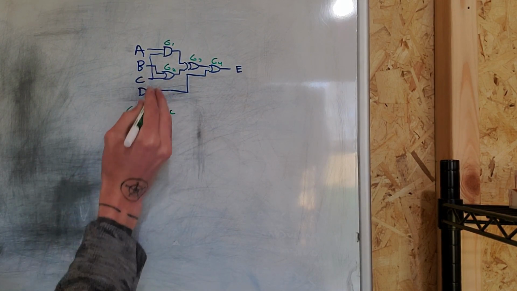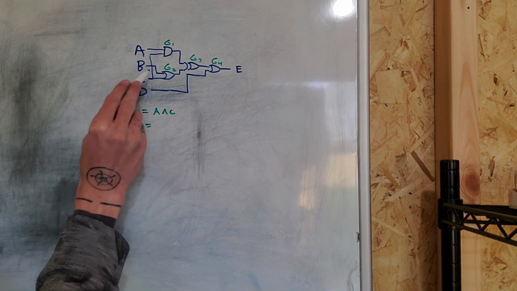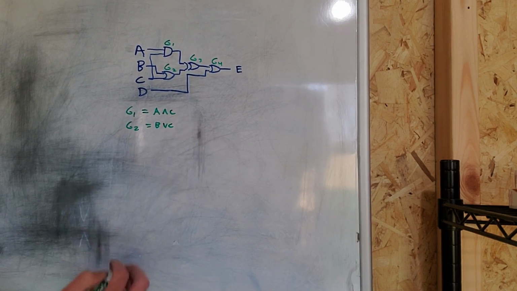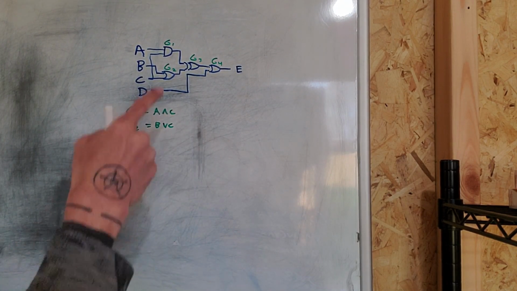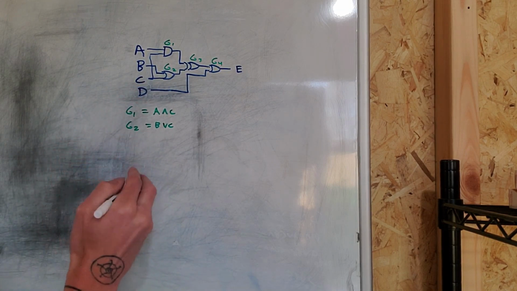And G2 would equal B or C. And then G3 is a product of G1 XOR G2.